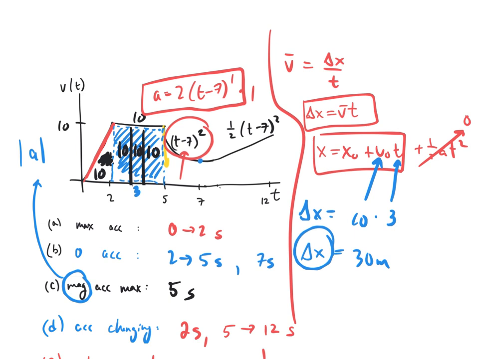Because 3 seconds have elapsed in that time period, so why not break it into 3 regions, each region of 1 second length? So at 3 seconds right here, the object has moved 20 meters. At 4 seconds, the object has moved 30 meters. And finally, at 5 seconds, it has moved a total of 40 meters.